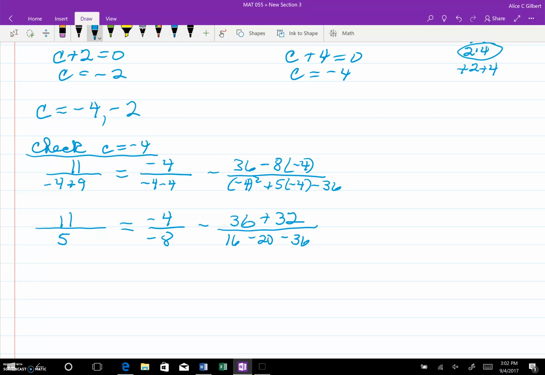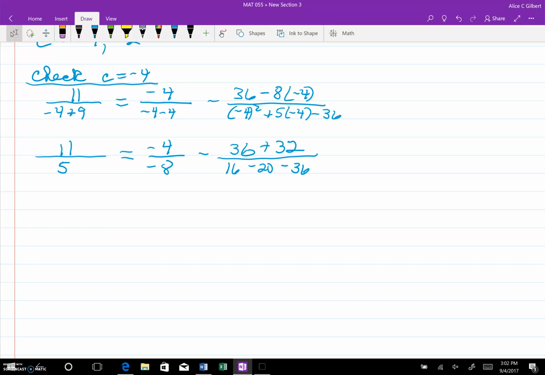Now I'm running out of time just a little bit, so I'm going to hurry here. You can check that. Negative divided by negative is positive, and reduce that. And this ends up being negative 36, that's 68 over negative 40.